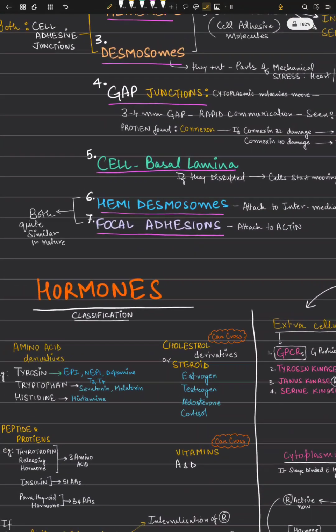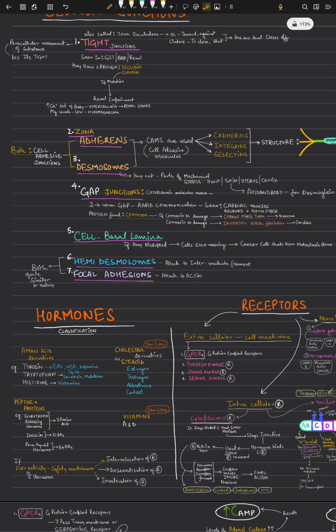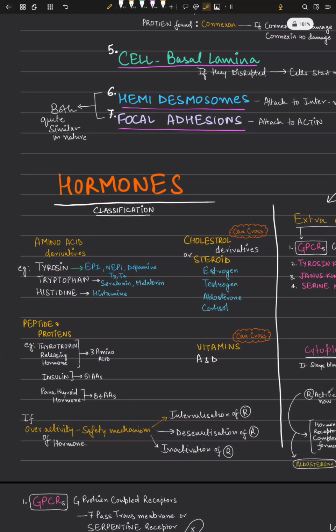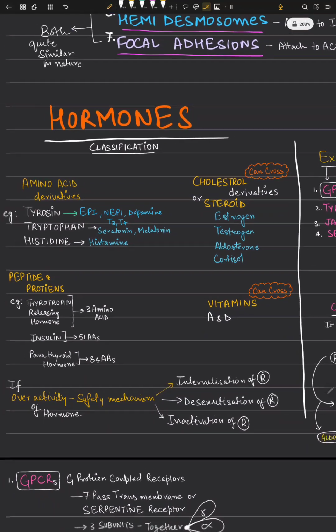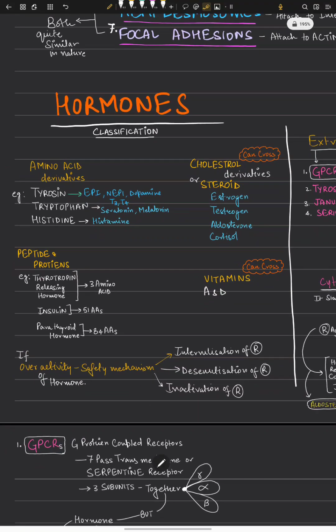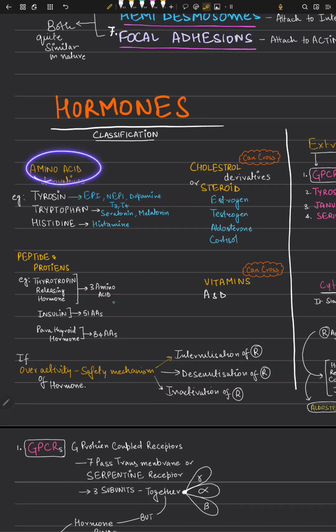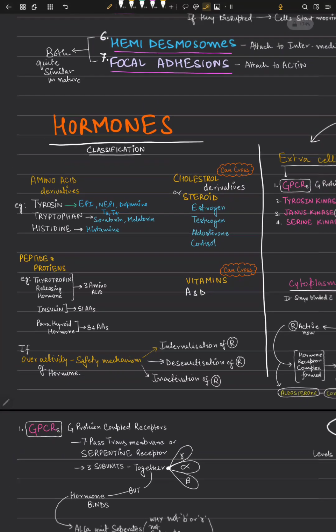Let's talk about hormones as well. So hormones can be classified upon amino acids, peptide and protein derivatives, cholesterol, steroids, and vitamins. So notice that I have divided them into four types.